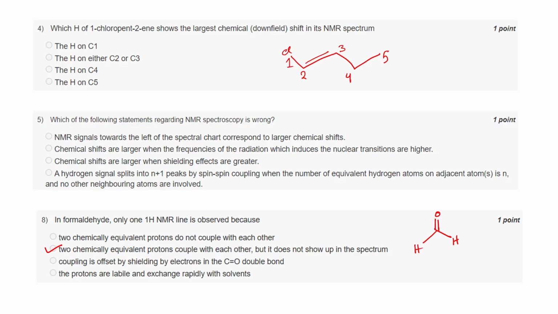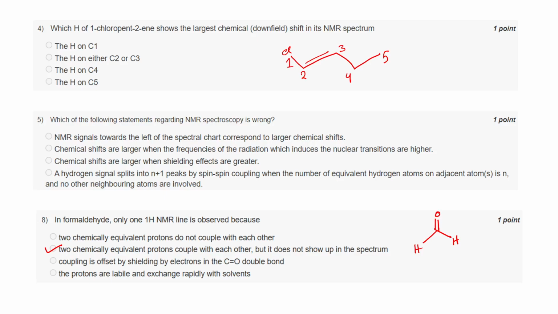You have learned this in terms of ring current in benzene. A similar kind of effect will be there due to these pi electrons, so they will be deshielded.